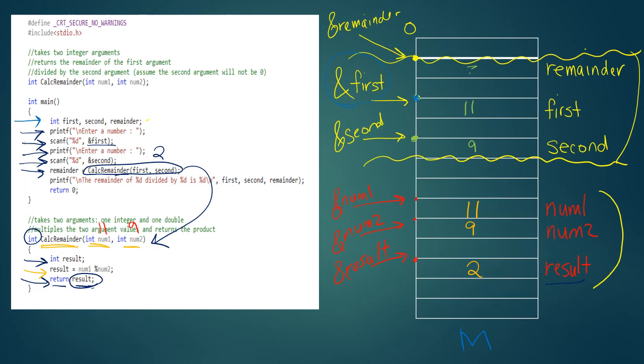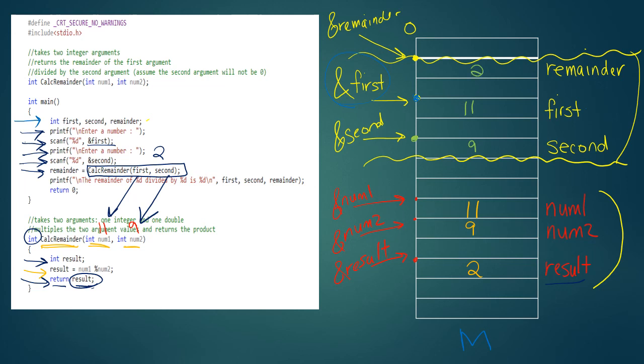And so then this function right here is just like saying remainder equals 2. Now if we use different numbers, like if we used 11 and 8, the remainder would be 3. Then that would be like remainder equals 3. So that's this whole function call right here that takes in an 11 and takes in a 9. The result is a 2. So remainder is then going to be assigned the value of 2.